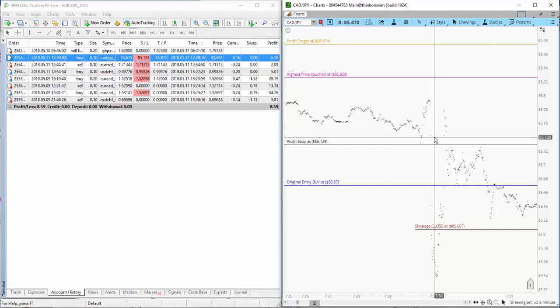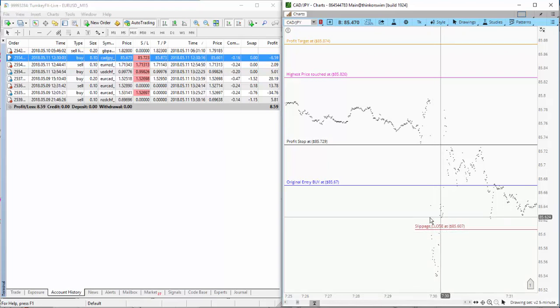So what the broker's computers do, if you have said that you want to stop out of your trade and they cannot find a tick point to close you at the number that you want, they give you the next available number. And the next available number was right down here at 85.60.